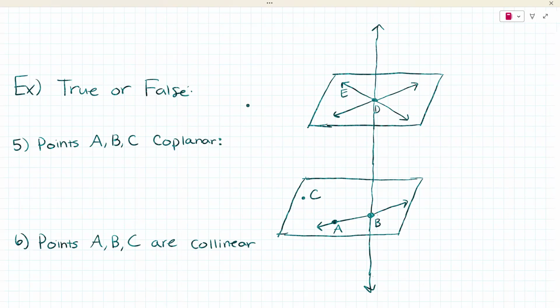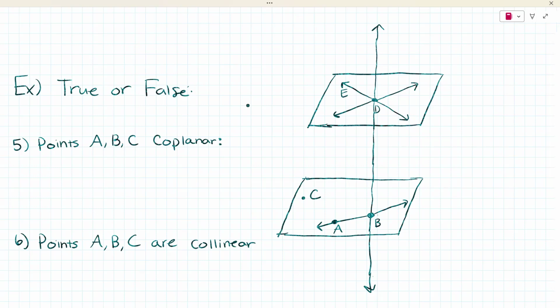So are points A, B, C coplanar? So where's A, B, C? What does it mean, what do you have to do for it to be coplanar? It has to be 3 points, and I believe they have to be non-collinear.